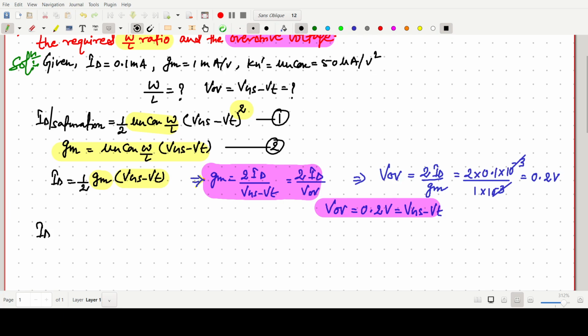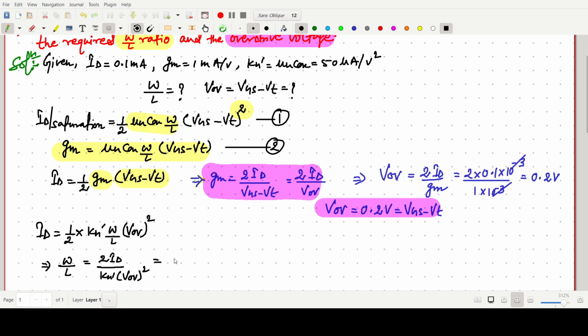ID is again 1 by 2 mu n Cox, which is nothing but Kn', times VOV whole square. VGS minus VT whole square means VOV whole square. So W by L is twice ID by Kn' VOV whole square.